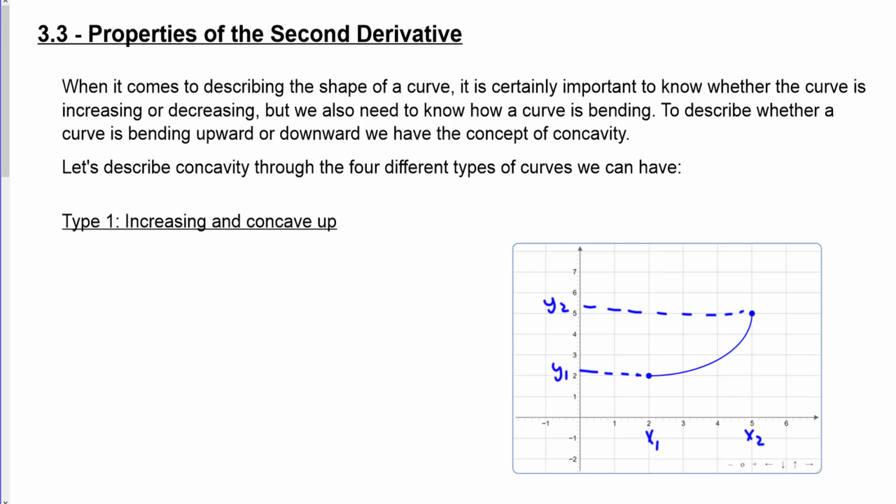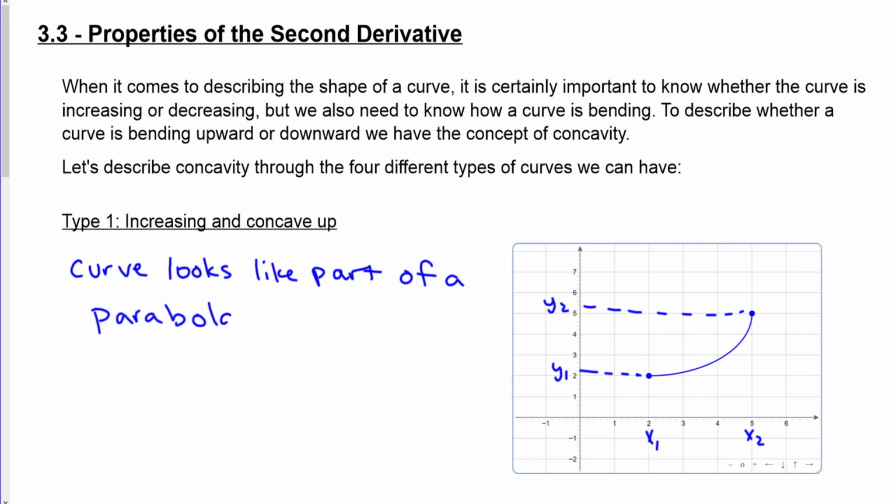But it's also what we call concave up. So concave up basically means that the curve looks like part of a parabola facing upward. That's what we mean by concave up.